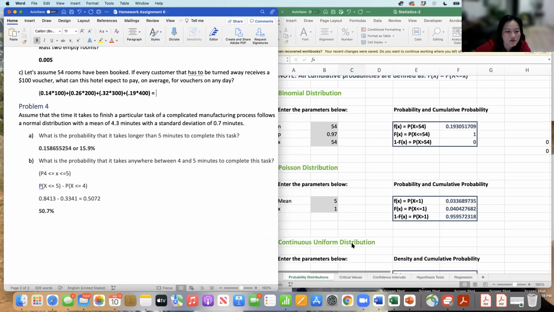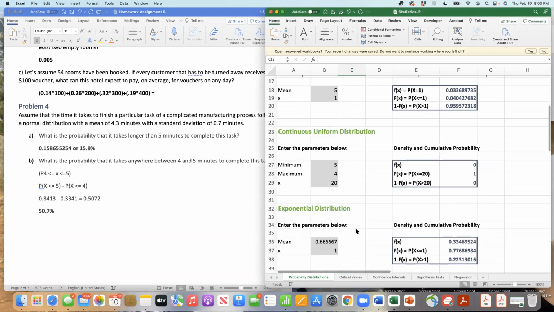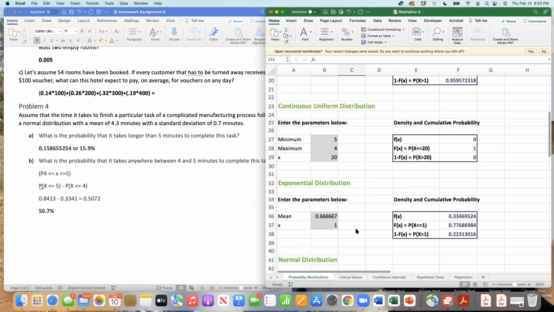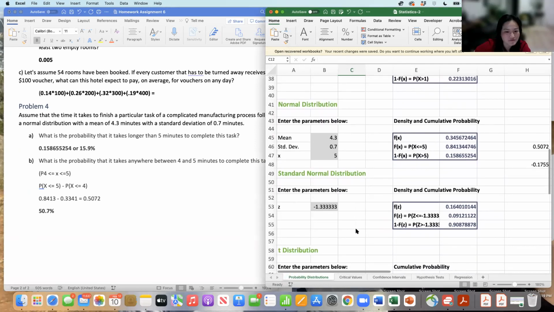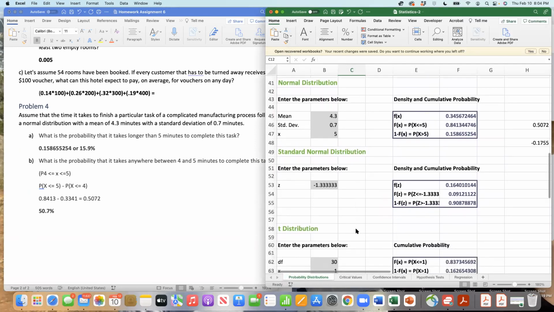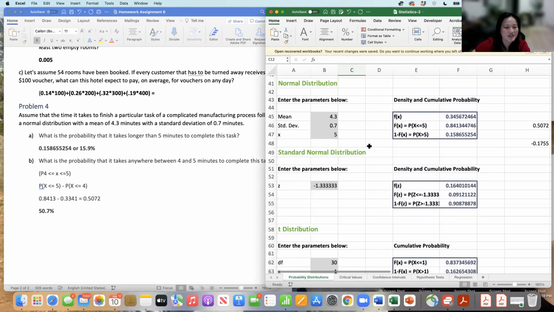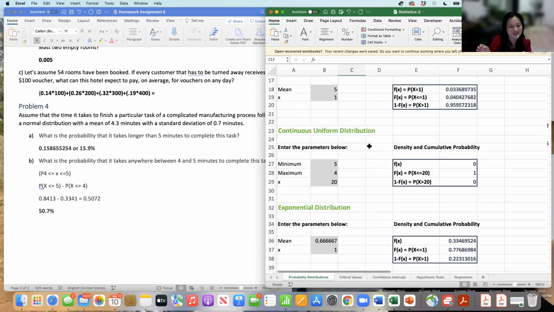Did I get this wrong? I got the same answer as Stephen because I scrolled down and used the normal distribution. When you're using greater than or equal to 5 minus less than or equal to 4, so we missed that 4, right?